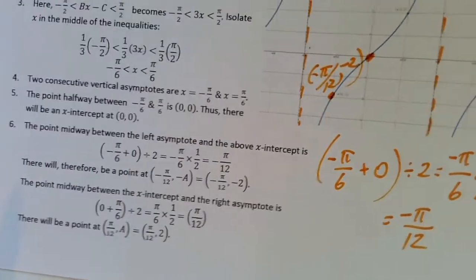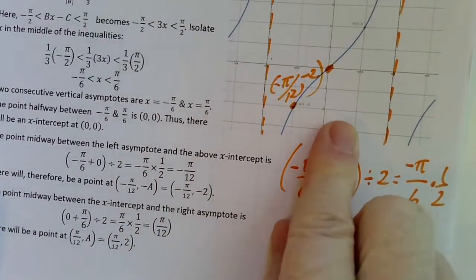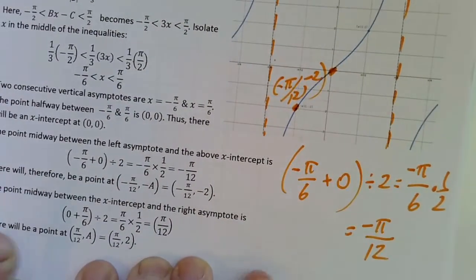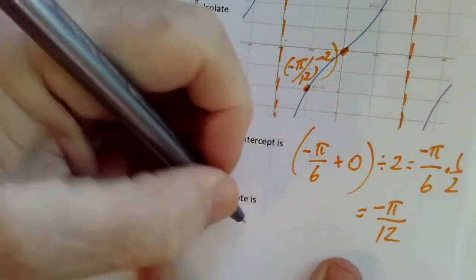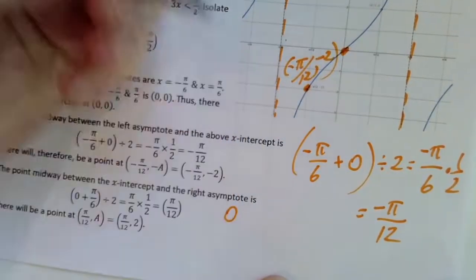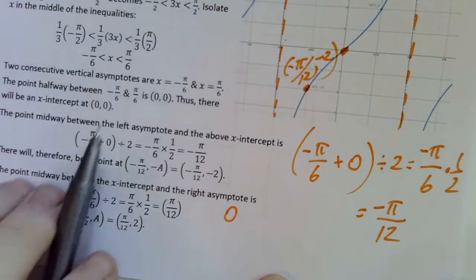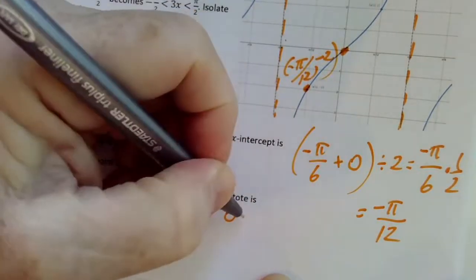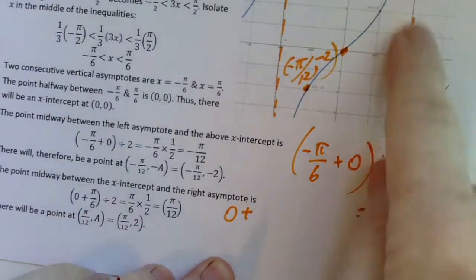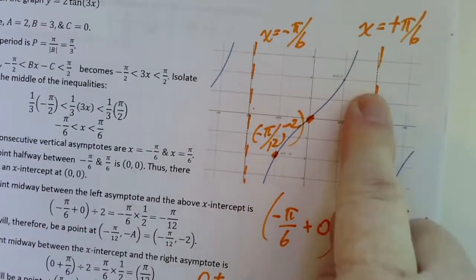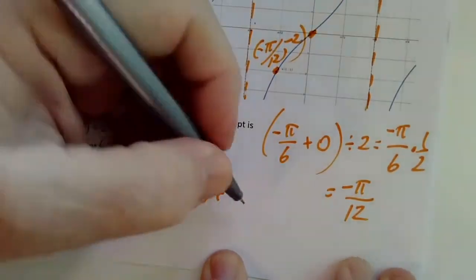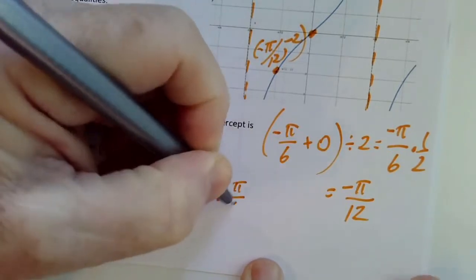To find the left value, the right value, we're going to take the center, the x value of the x-intercept. We're going to add to that the x value of the vertical asymptote on the left, on the right.